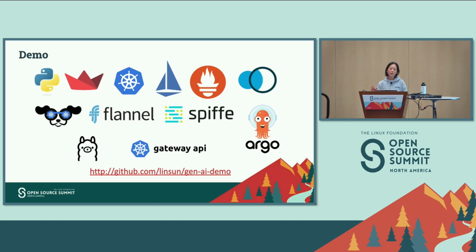So we're going to use a generative AI application I wrote, which is using Python, and it runs as a web application, which I power with Streamlit, which is the second logo. Kubernetes is where we're going to run our generative AI application.